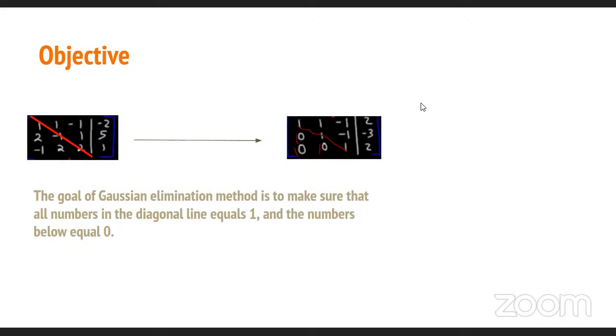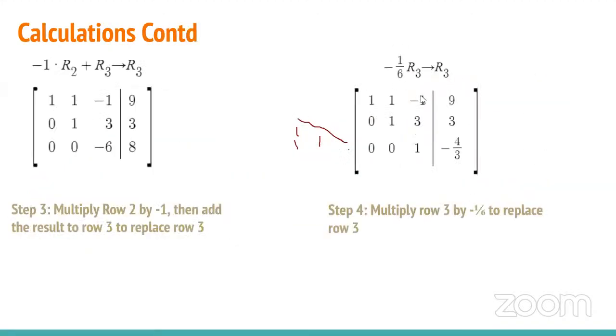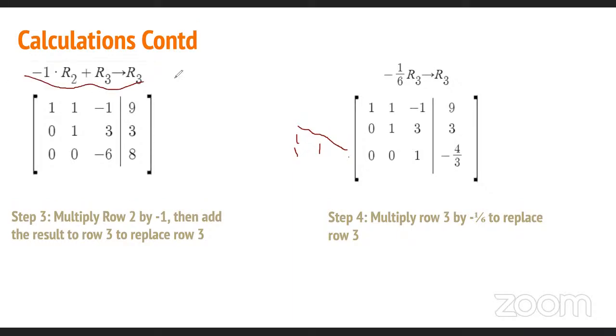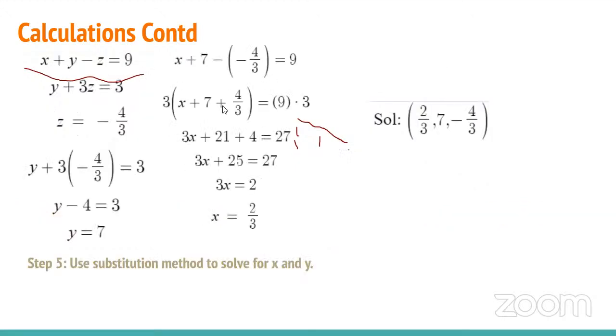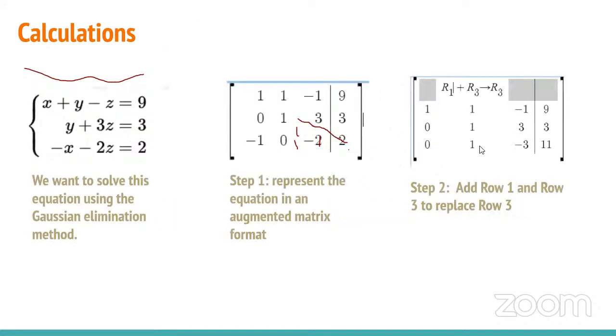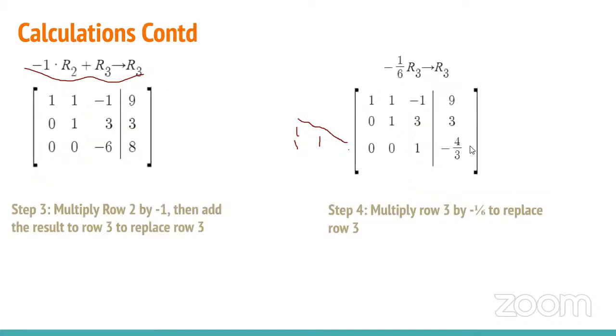So let's move on. If we apply this equation, -1 times R2 plus R3 to replace R3, on the previous step, which is step 2, it will give us this matrix.